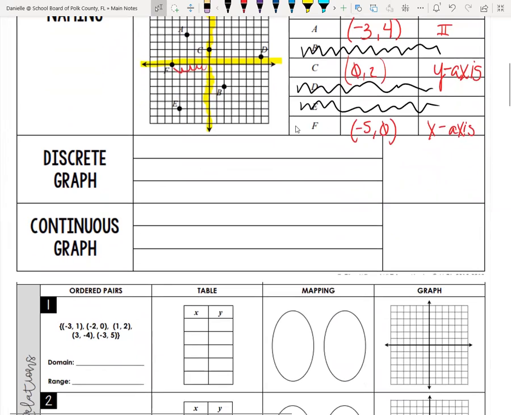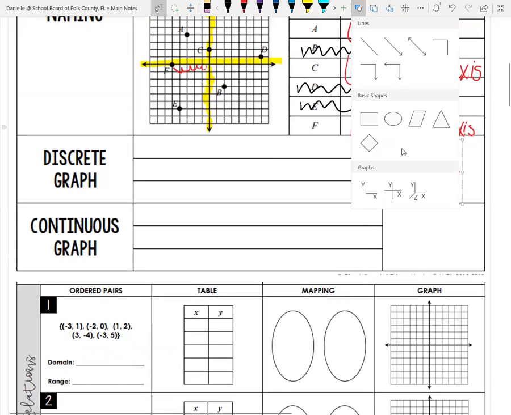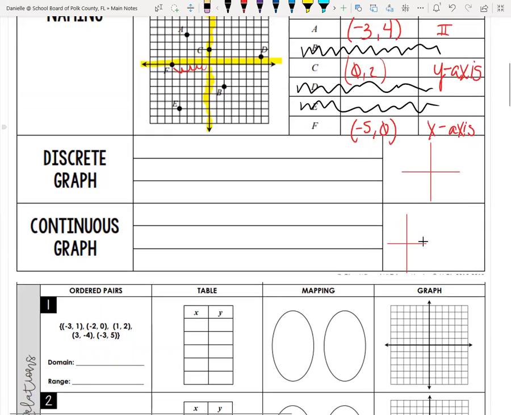Coming down to graphs. There are 2 different types of graphs when we are talking about lines. We have discrete graphs, and then we have continuous graphs. Discrete graphs are graphs of random points. Continuous graphs are lines and curves.